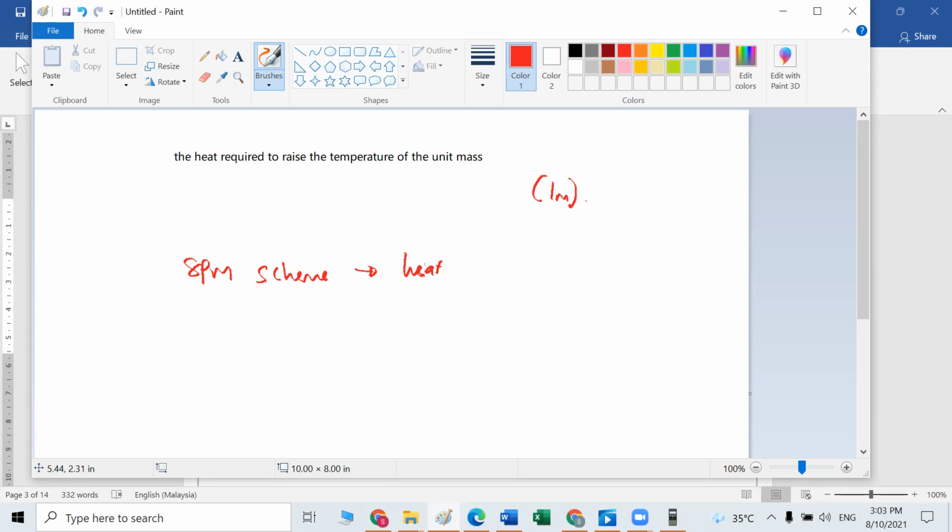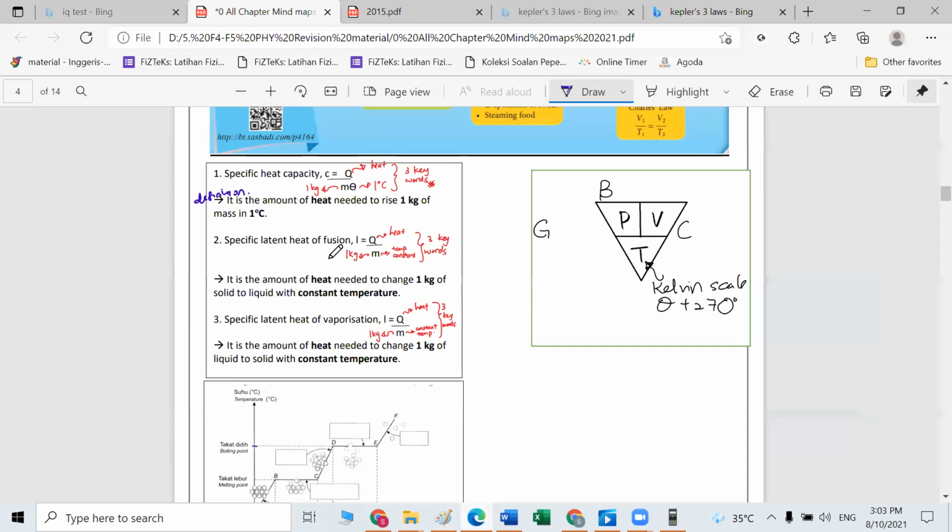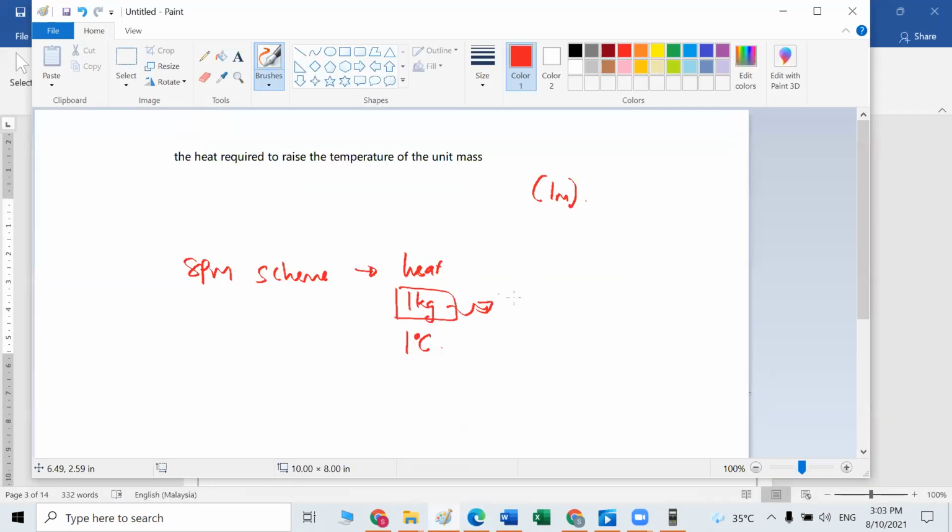We see heat, we see 1 kg, we see 1 degree Celsius. Because 1 kg actually refers to the word specific. So specific means 1 kg.